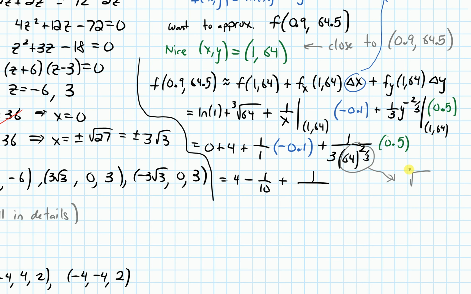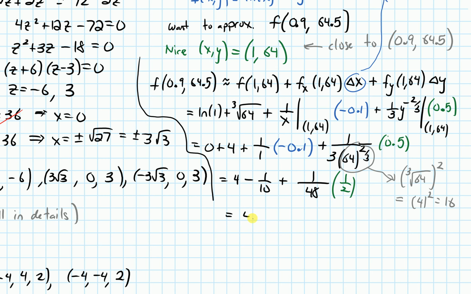We do the cube root of 64 first. Usually it's nicer to do the root first, because I get a smaller number, and then I raise it to the power. So the cube root of 64 is 4, and 4 squared is 16. Three times 16 is 48, and 48 times 1/2, because 0.5 is 1/2, gives 96.